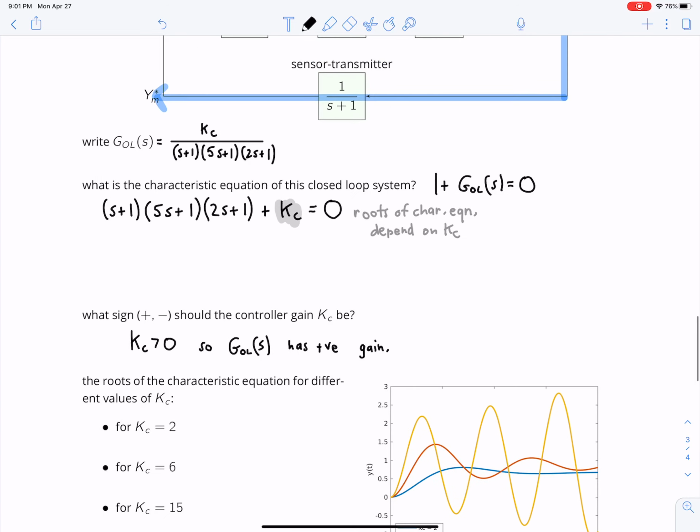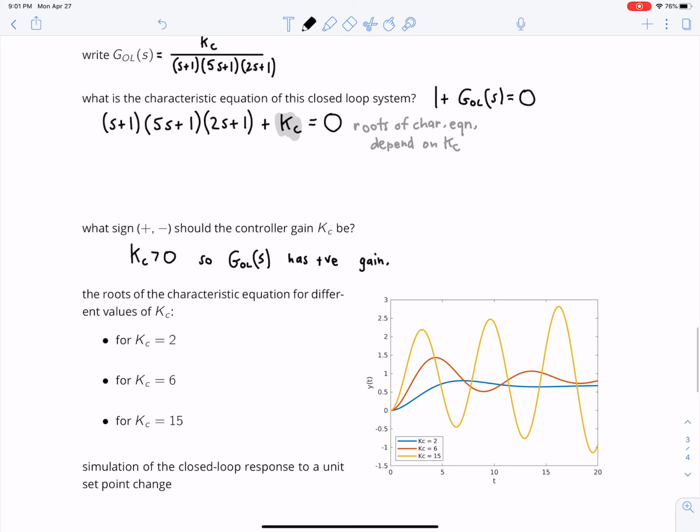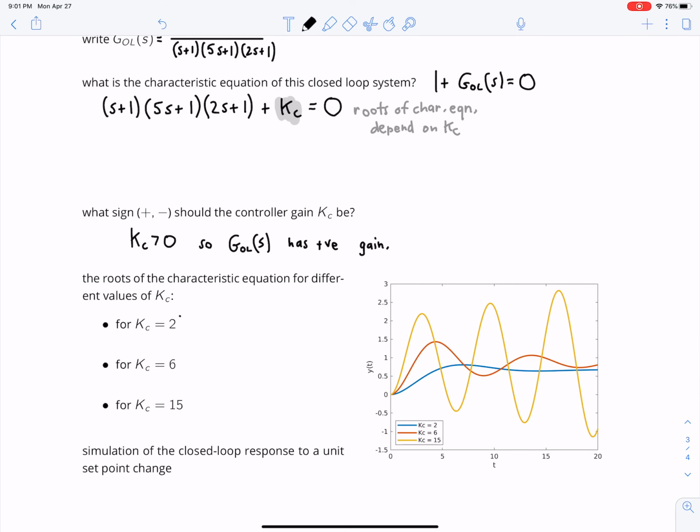Okay, and so now let's just plug in a few controller gains and see what happens. If you plug in K equals 2, K equals 6, what you'll find is all three roots have negative real parts. There are three roots because that's a cubic. And because of that, it's stable.